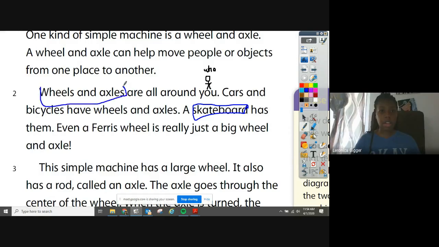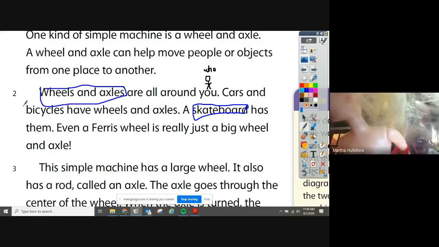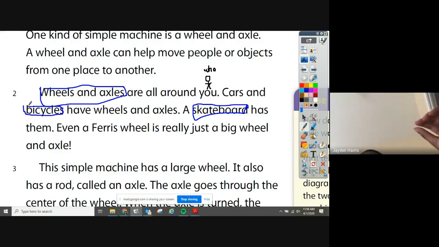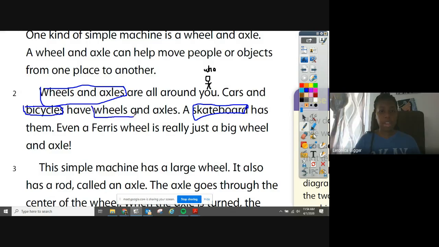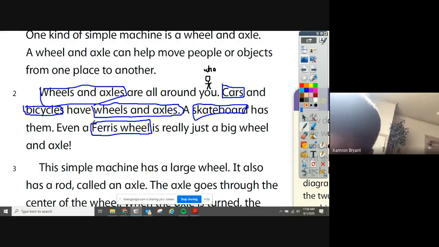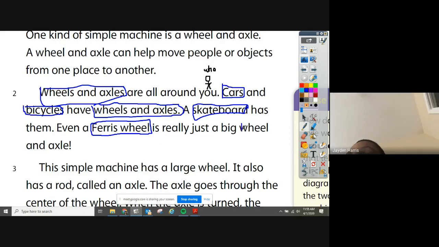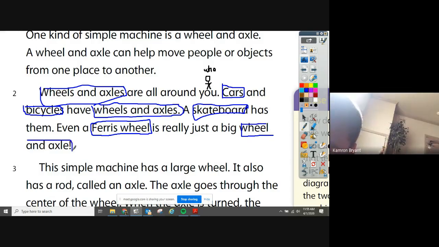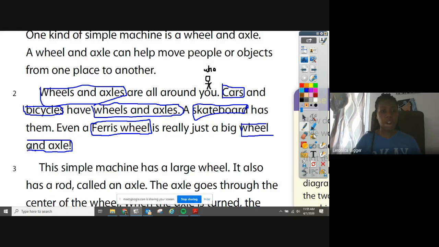Cars. Anything else? A Ferris wheel. And you forgot one more. Wheel. All right, so there are all of our whats.